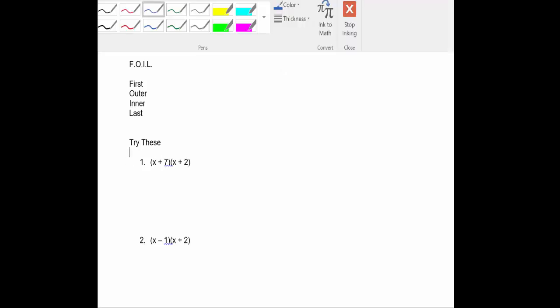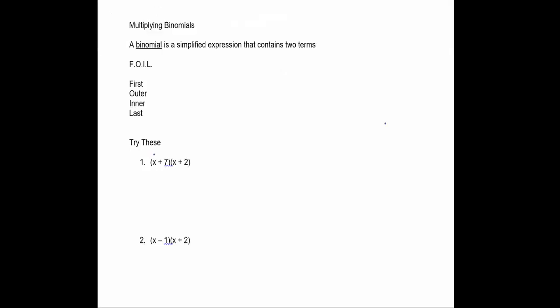Here you are looking at the terms x and x. That's the first term in each parenthesis. So x times x is x squared. If you're looking at these parentheses as a whole, on the outside are x and 2.